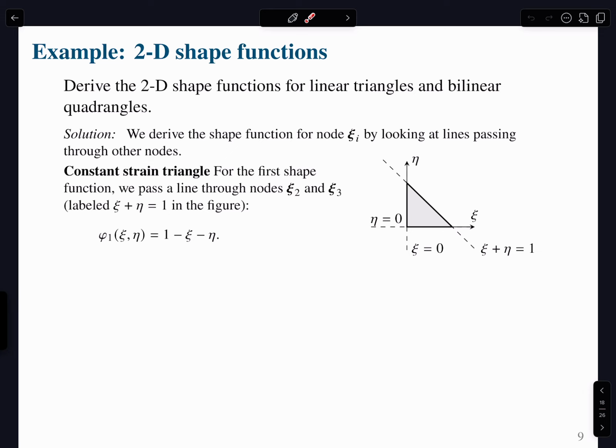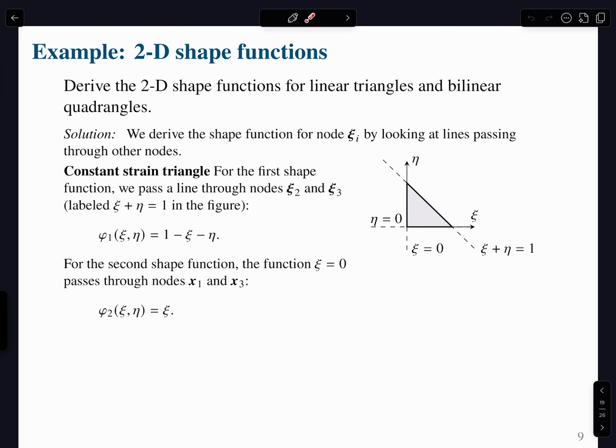Xi. Who said xi? Yeah. Right? So when xi is equal to 0, I'm here, and notice that the values at these two nodes are equal to 0. When xi is equal to 1, it is here. Well, conversely, when I want the shape function for that guy, what is the line that I need? Eta. So eta, this is the last shape function.